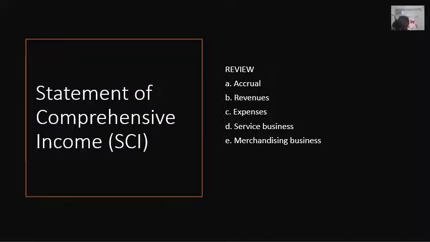So let's go to B and C, revenue and expense. What is revenue and what is expense? They are both accounting elements. To recall, what are the accounting elements? First, we have assets, liabilities, equity or capital, and then the revenue and the expense.